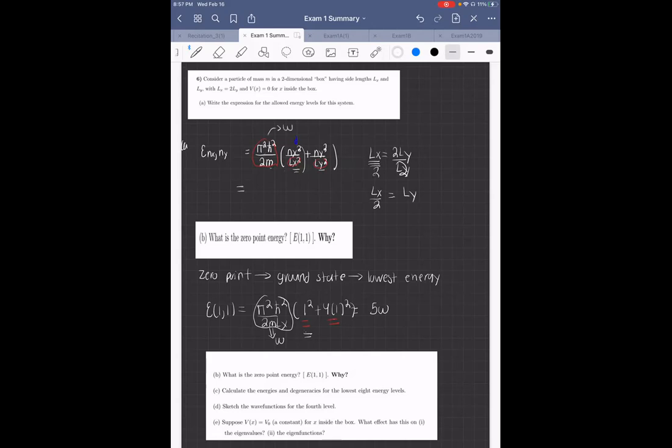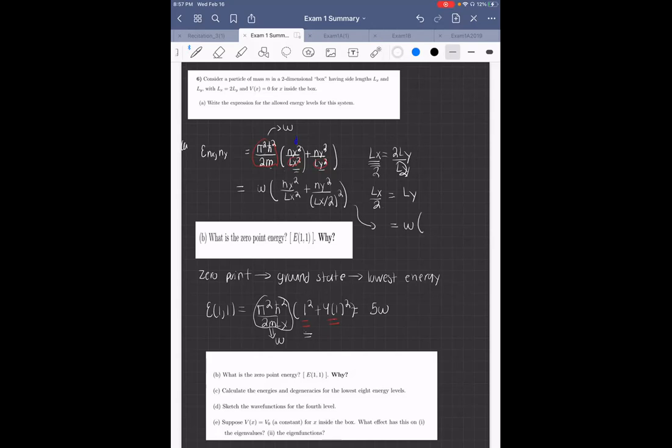So this is going to be equal to W times whatever's inside: nx squared over Lx squared, plus ny squared over, since this is Lx over 2, we just substitute, that's going to be Lx over 2 squared.